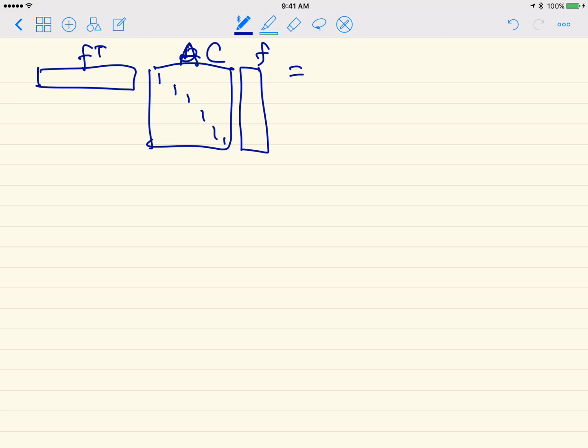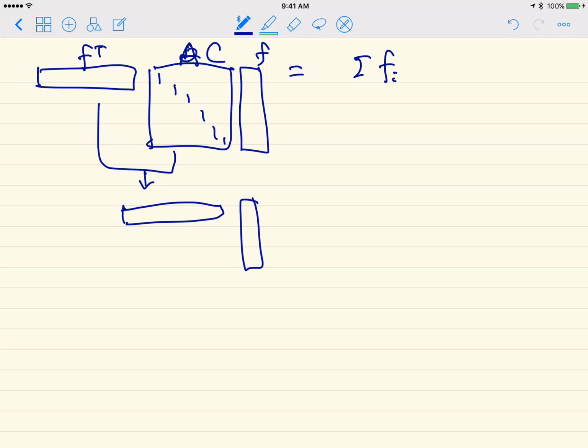What will be the result? The multiplication of the first two will be just F transpose, and then F transpose F will be just the sum of F_i squared. So it can be viewed as the 2-norm squared. So far so good, right?